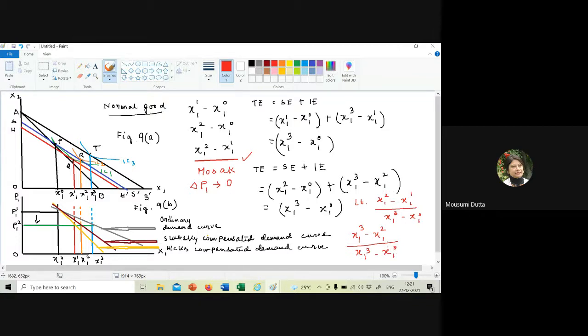You can consider any amount in the numerator, any other possible ratios, but the limit of this as delta p1 approaches 0 is not necessarily 0.